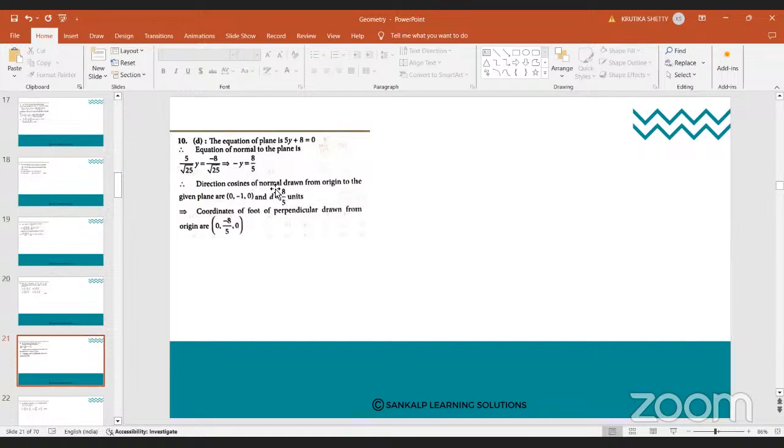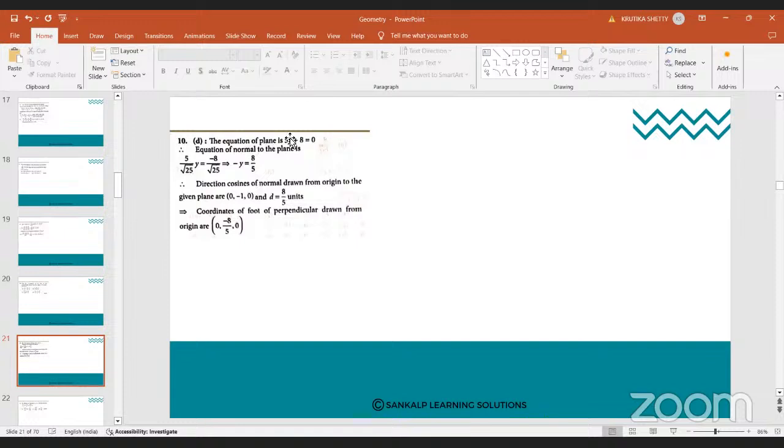Now the direction cosines of the normal drawn from the origin to the plane are 0, minus 1, 0, and d is equal to 8 by 5 units. So for the coordinates of the foot of the perpendicular, we multiply this with 8 by 5. We get 0, minus 8 by 5, and 0. This example is solved with a slightly different method. Either you can use this method, or previously we used the formula.